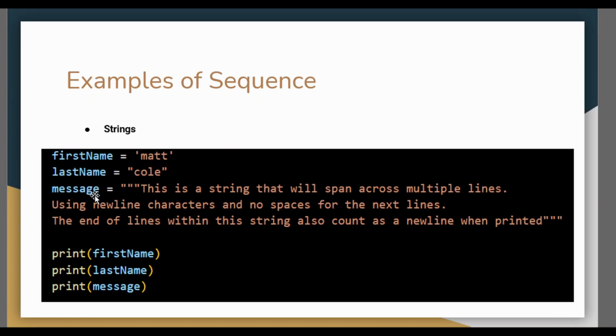And then notice the message variable, it has 3 double quotes on each end, but more importantly, you can use it as a paragraph and write multiple lines with the 3 double quotes. So here's an example of each of these string values, and we'll print those out accordingly. So let's go ahead and grab that and see what it looks like.